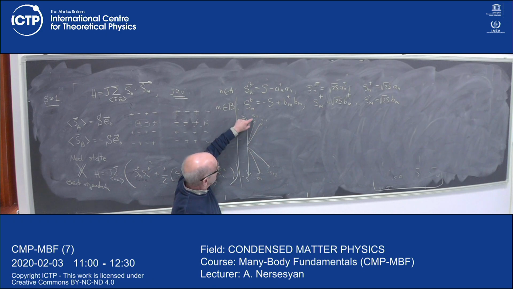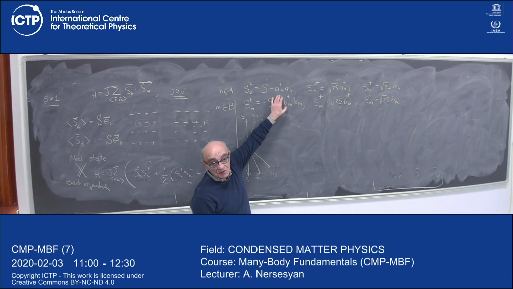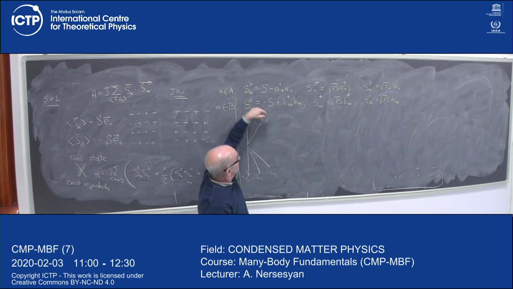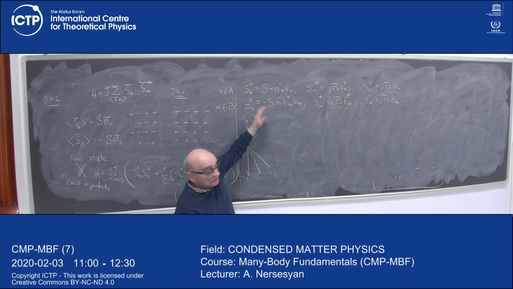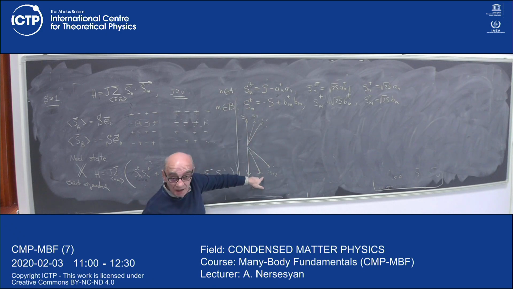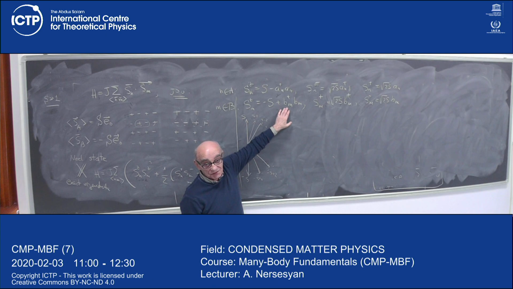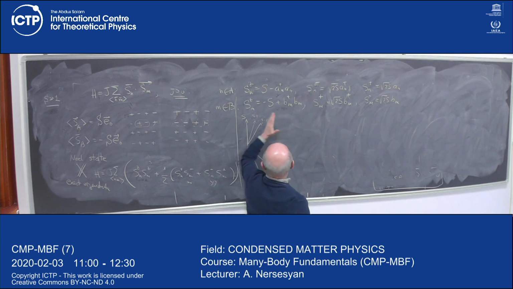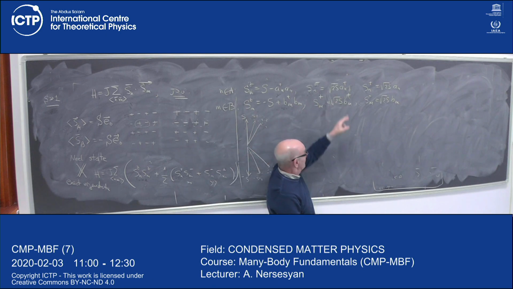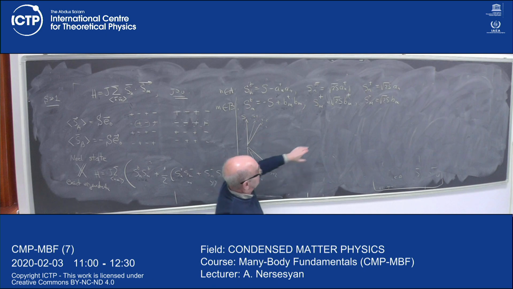Every time I subtract 1, 2, I can think in terms of certain numbers of bosonic modes, which take value 0 for the ground state, 1 for the first excited state, 2 for the second, and so forth. I do just the same for the B sublattice, but I increase the projection. Therefore I have to add, not subtract, bosons. Every time I decrease S on A, I create a boson. Every time I increase the spin on the B sublattice, I create a boson. That's the essence. Okay, good.